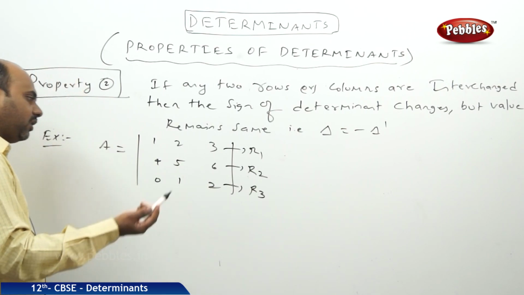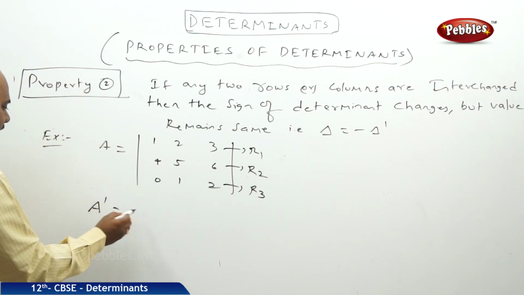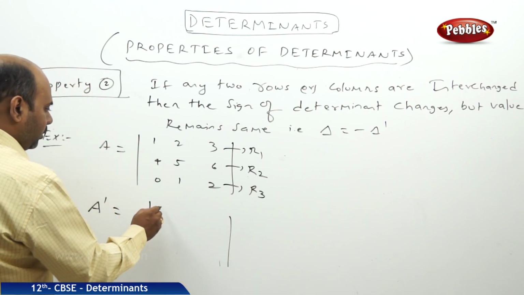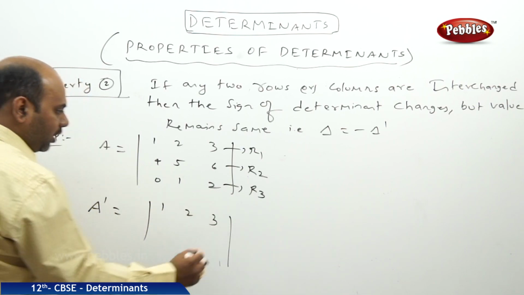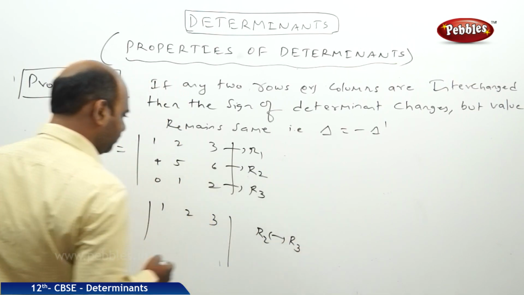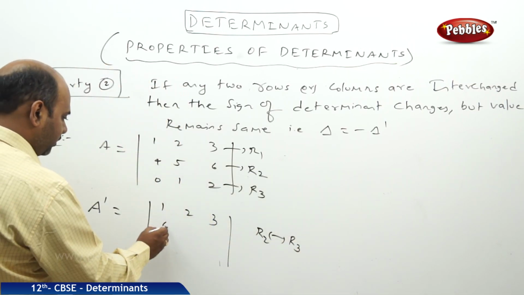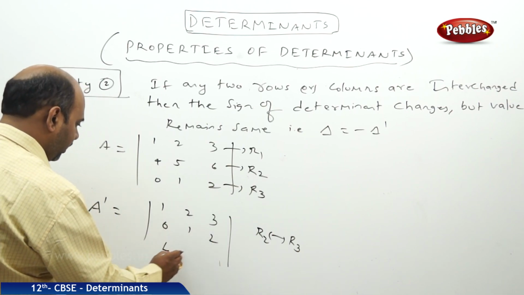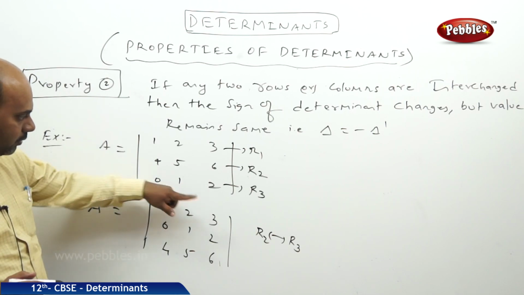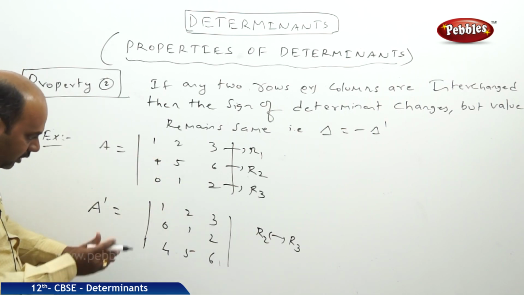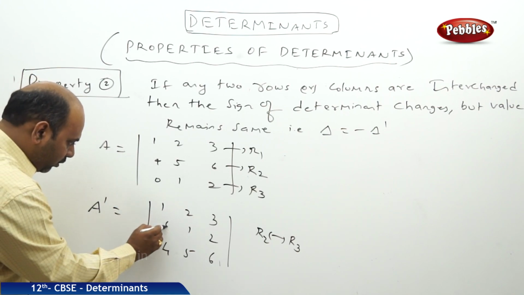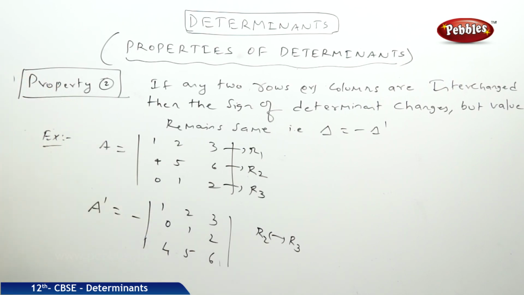When I interchange R2 and R3, I obtain a new matrix: 1 2 3, because I am changing R2 and R3. Interchange R2 and R3 means we use this symbol. And what happens? 0 1 2 and here 4 5 6. If you observe carefully, 0 1 2 is going up and 4 5 6 is coming down. Two particular rows have been interchanged. So here we need to keep a minus sign.